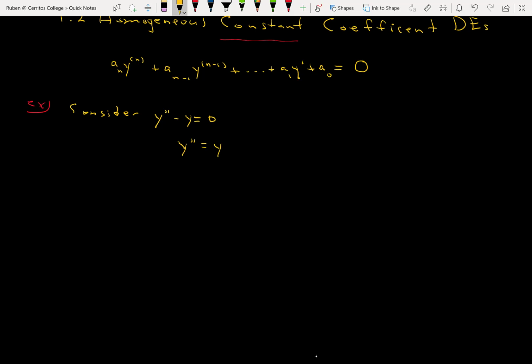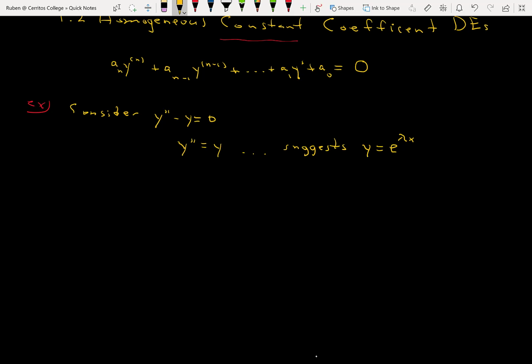What does this suggest? What kind of functions, when you take their derivatives, give you the function back? What this suggests is that the solution or solutions should involve the exponential function. So our solution should look like something of the form e to a constant x, and we'll call the constant the Greek letter lambda, which is kind of standard.